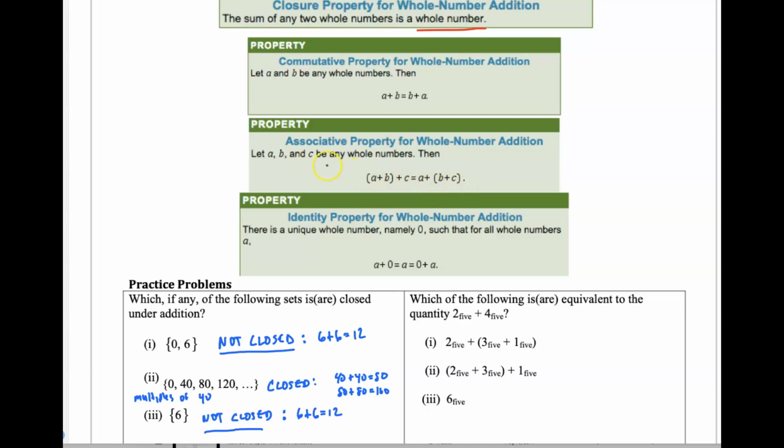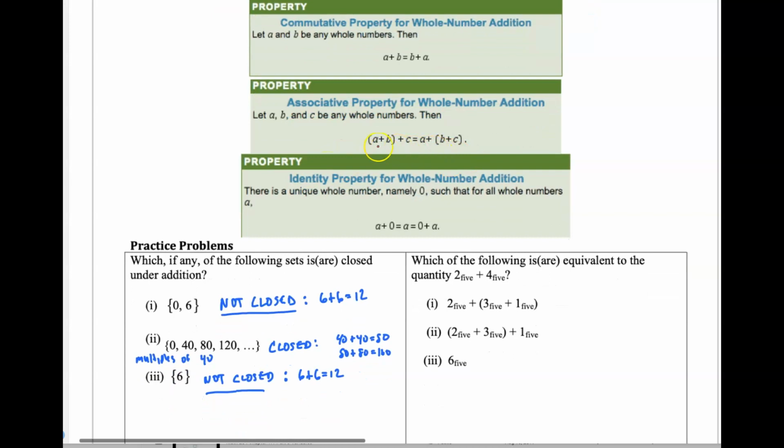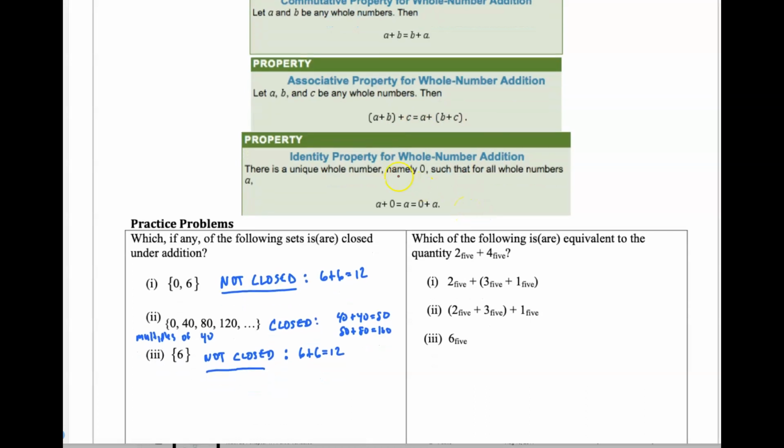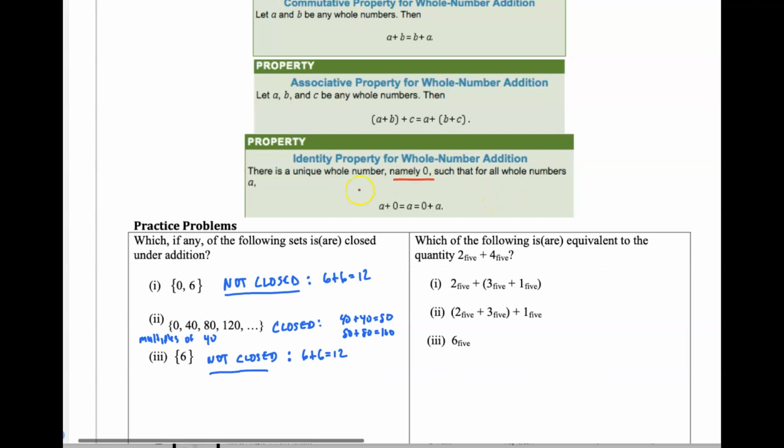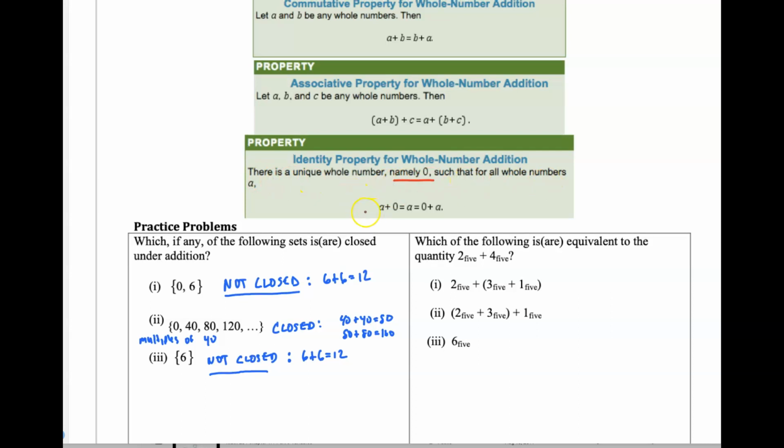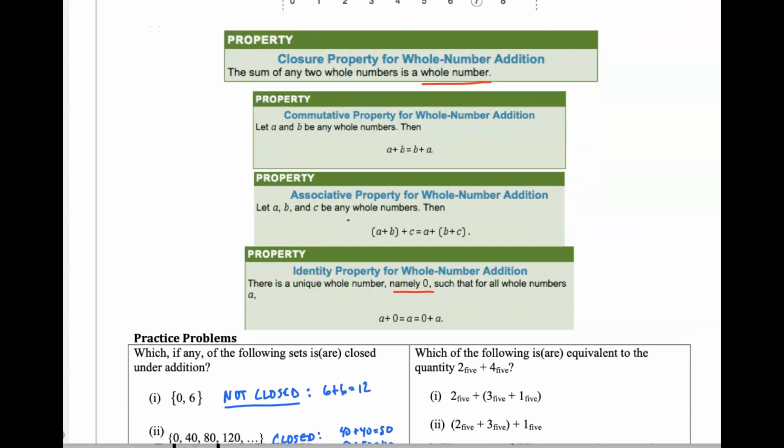If you have 3 numbers you're adding together, you can do A plus B first, or you can do B plus C first and then add A. And then there is a special number in whole numbers called 0, which is related to the identity property for whole number addition. There is a unique number 0 such that when you add any number with 0, the answer is always that number. Nothing gets added. Those are important properties to be aware of.